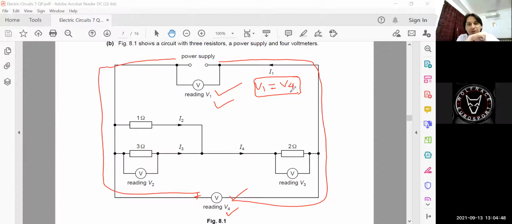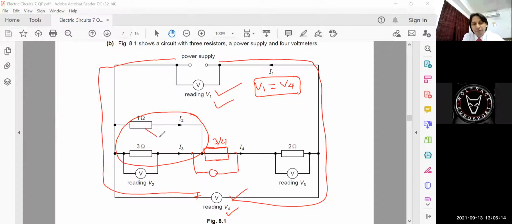And what equation can I write here? Children, we already calculated the total equivalent resistance in the previous diagram. You can see I have drawn that the equivalent resistance is 3/4. So this V2, just suppose it is connected here.